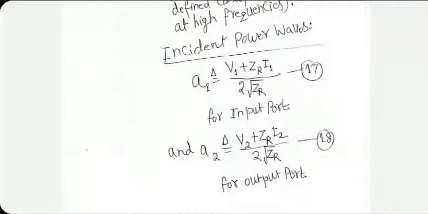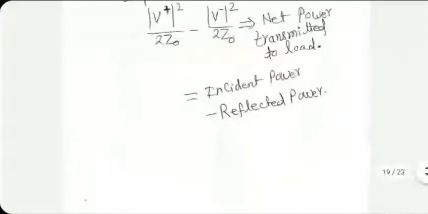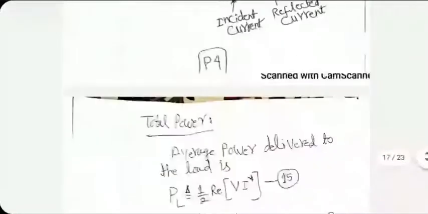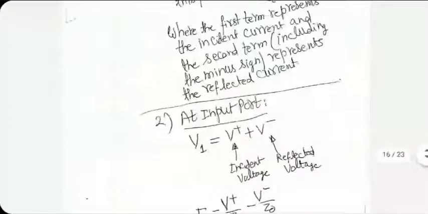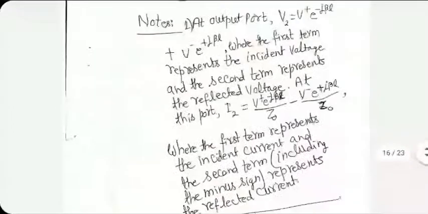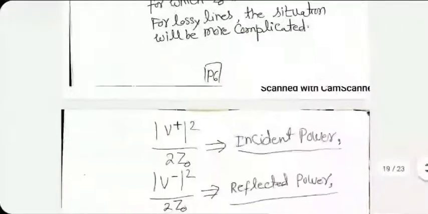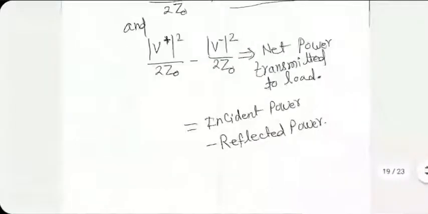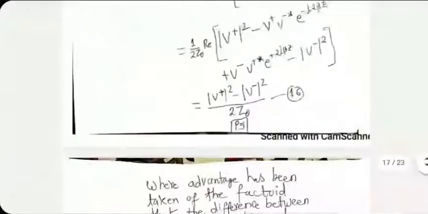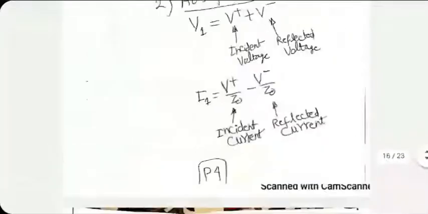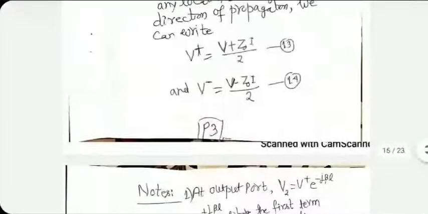which was essentially that formula, but assuming that Z naught is not the same for the network and for the port. So there is a one-to-one correspondence between equation 17 and equation 13.